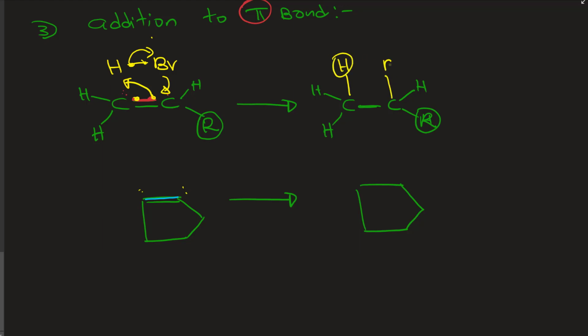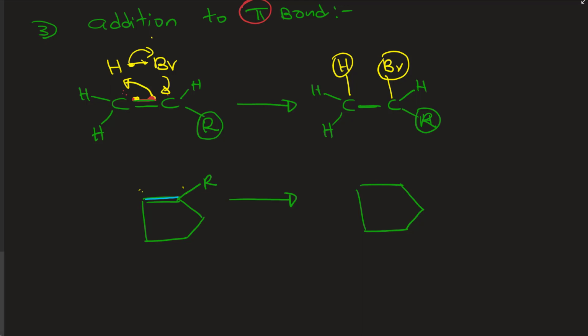So the pi bond opens to the proton and the Br hits on the other carbon, and it's kind of like a cycle. And think without the mechanism, just think that way. So what I did across the double bond, hydrogen and the Br added into the pi bond. So that's the simplest way to get your answer on the right side.